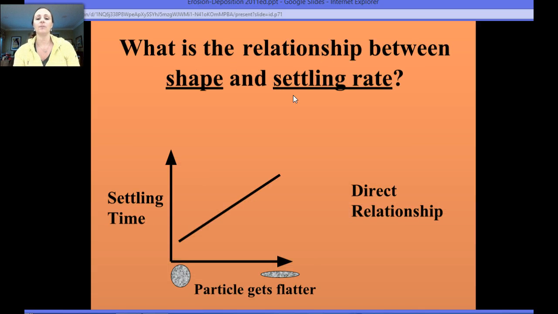Therefore, the relationship between settling rate and shape is, as it gets flatter, the settling time will increase. Now here's something that I need you to take note of. This says settling rate. What it should say is settling time, okay? If the time gets longer and increases, then the rate will decrease.